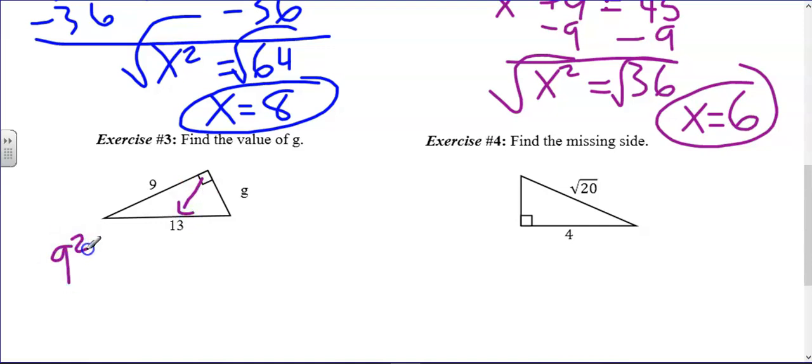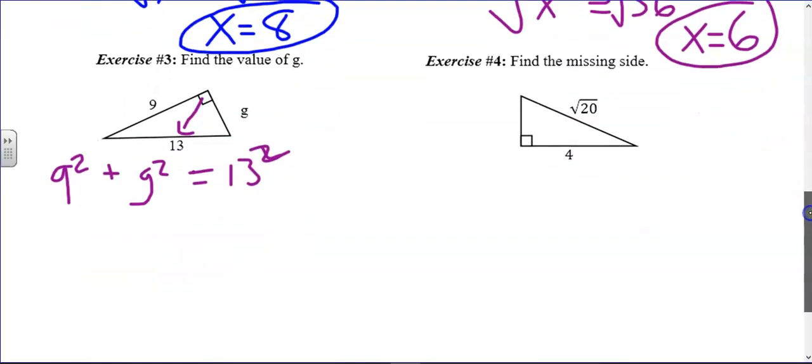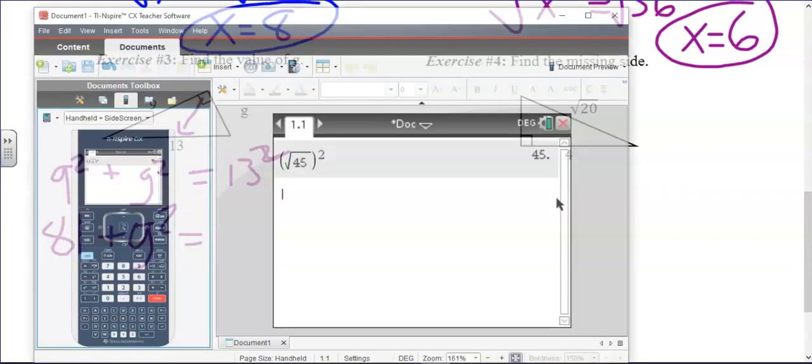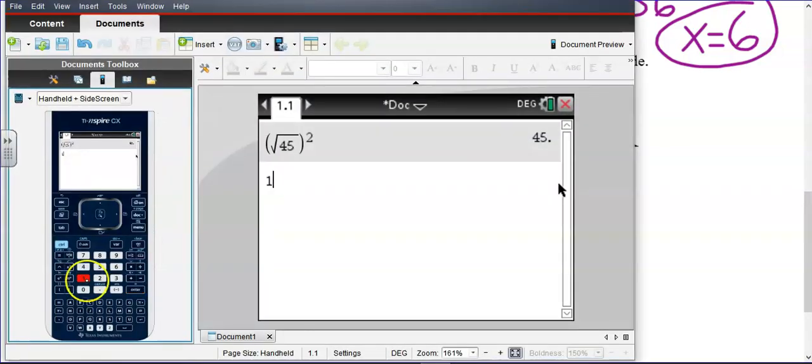So 9 squared plus g squared equals 13 squared. Okay, so 9 squared is 81 plus g squared equals, and then if you don't know 13 squared, you can always type it in, 169.